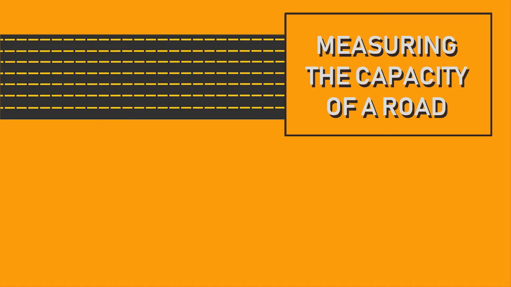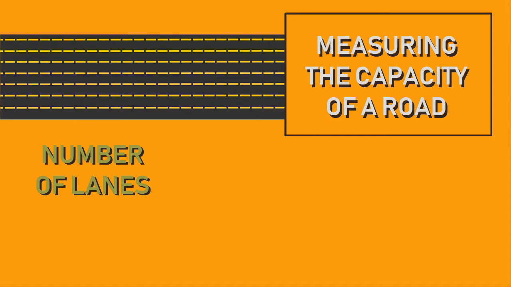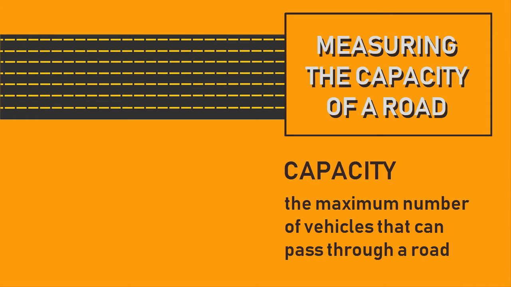There are many different ways to measure the capacity of a certain road. We could measure it through the number of lanes in that road, or the road width. Capacity represents the maximum number of vehicles that pass through the road. While we could obtain this through empirical data, we could also make a general assumption.